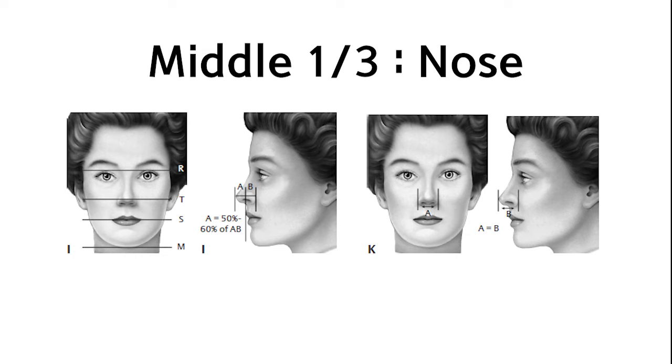Regarding the nasal tip projection evaluation, a line drawn from the alar cheek junction to the tip of the nose, when bisected by a vertical line drawn adjacent to the most projecting portion of the upper lip, should have 50% to 60% of the horizontal line anterior to the vertical line.